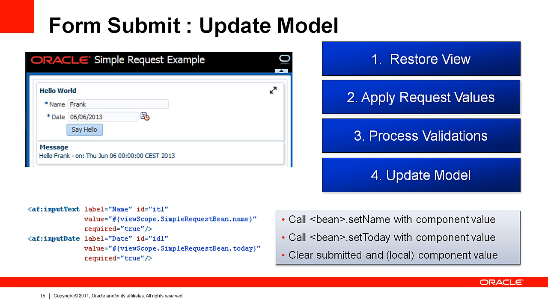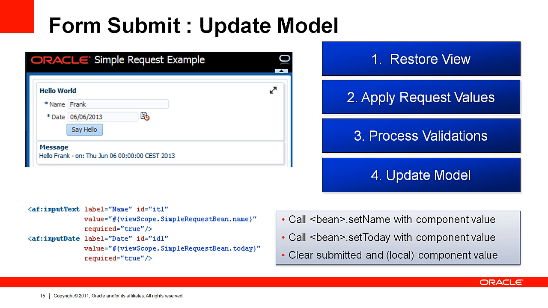Now, when updating the model, what will happen is that the client model that the component writes the value to is updated. In our little example, as we can see from the page source, the models that the components are bound to are within the managed bean. So there's a simple request bean, and this bean has a name property and a today property where the data will be written to.